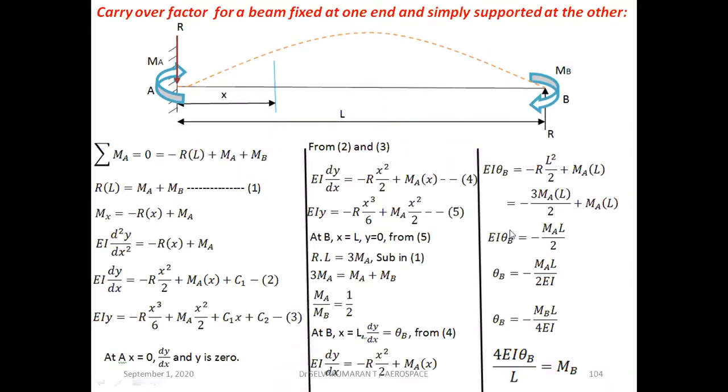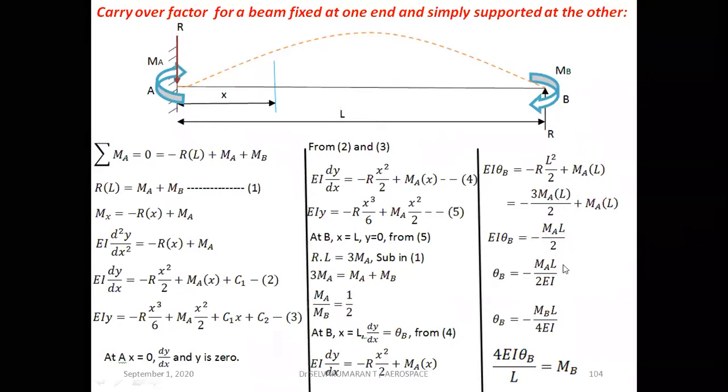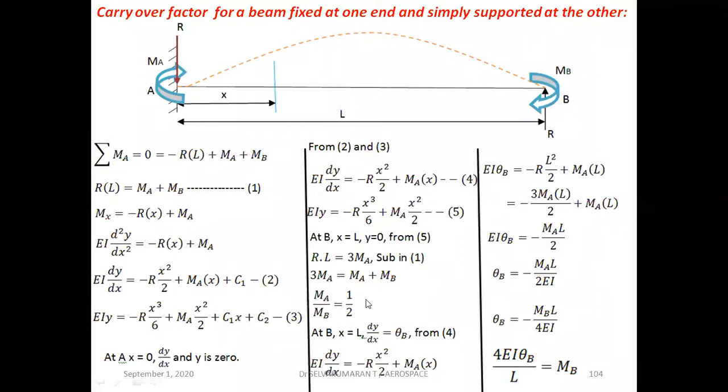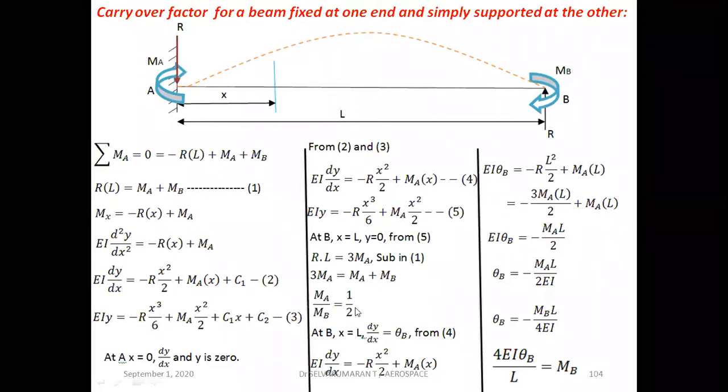So EI theta B is equal to minus MA L by 2, theta B is equal to minus MA L by 2EI. And if you substitute MA in terms of MB, MA by MB is equal to 1 by 2, MA is nothing but MB by 2. Substitute here. You get theta B is equal to minus MBL by 4EI.